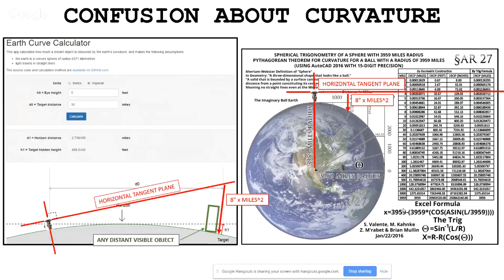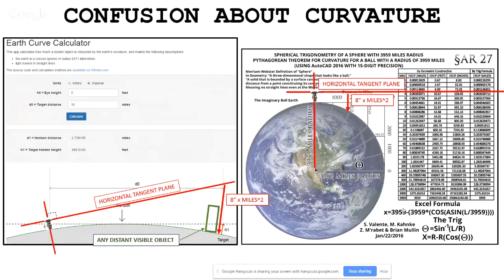Of course, there's always going to be visible objects out there. And there must be thousands of these flat Earth videos talking about, I shouldn't be able to see that. Why not? You can see it. It's there. And this is their confusion, using 8 inches times the mile squared, which, for instance, looking across Lake Michigan from the Warren State Park, the Sears Tower is below the horizontal extended.